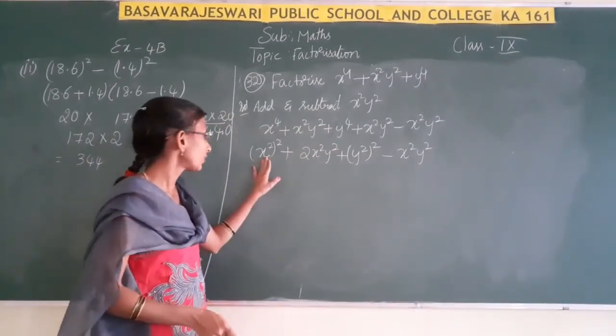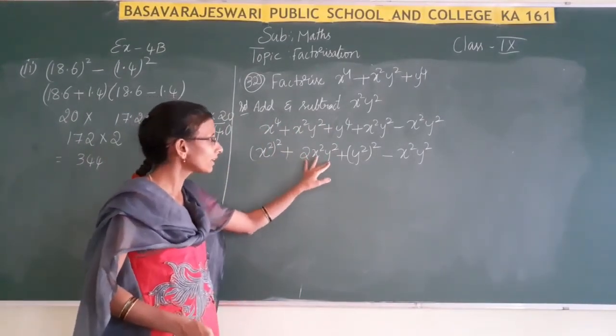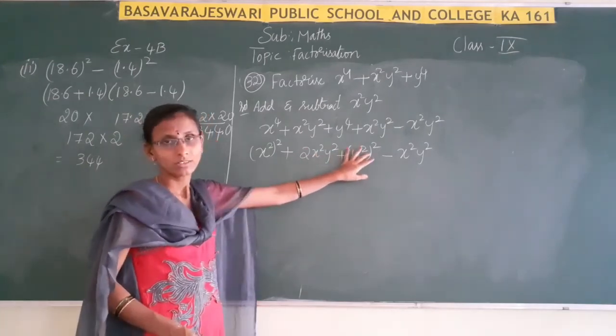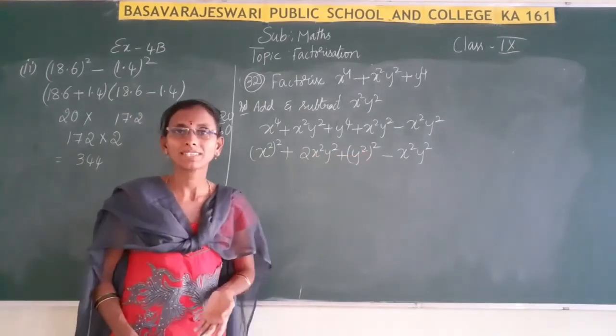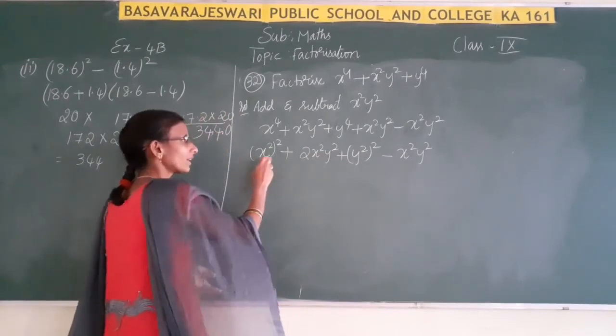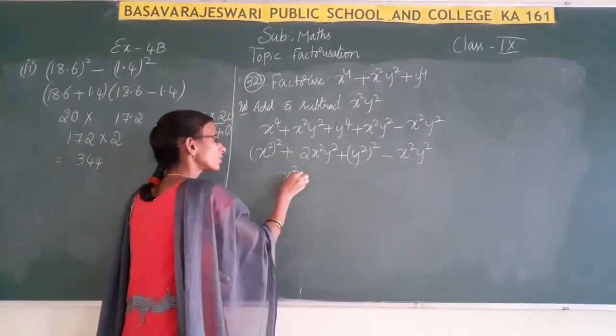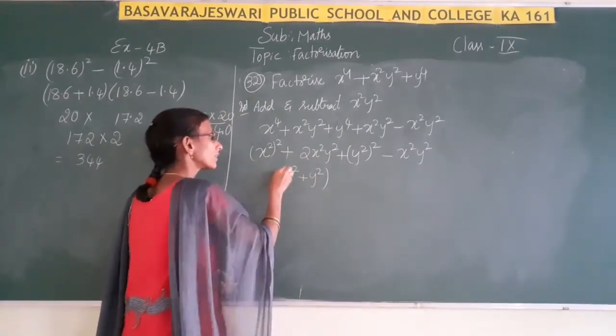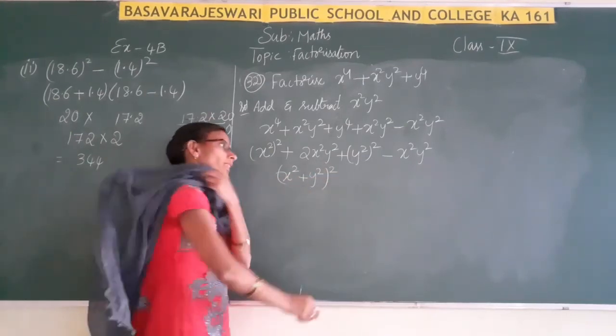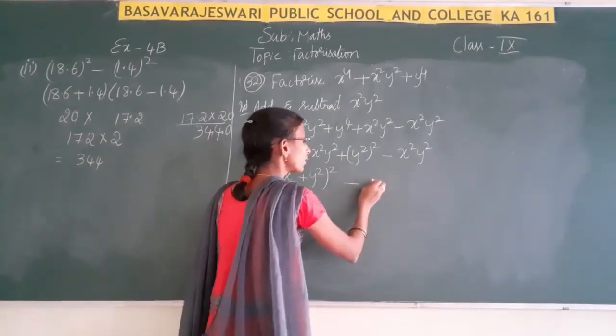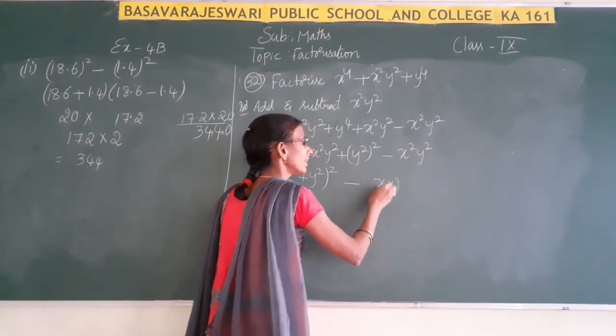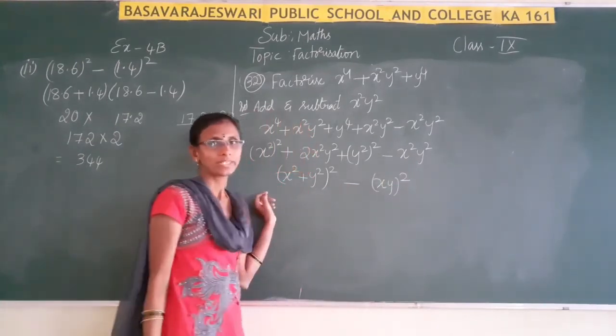Okay, so a square plus 2ab plus b square is the expansion of a plus b whole square. So we can write this as x square plus y square whole square, minus this as a whole square, xy whole square.